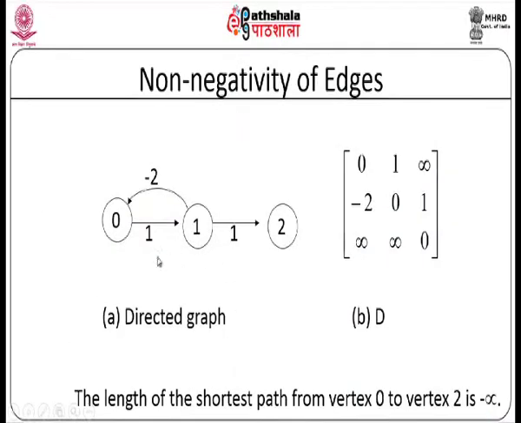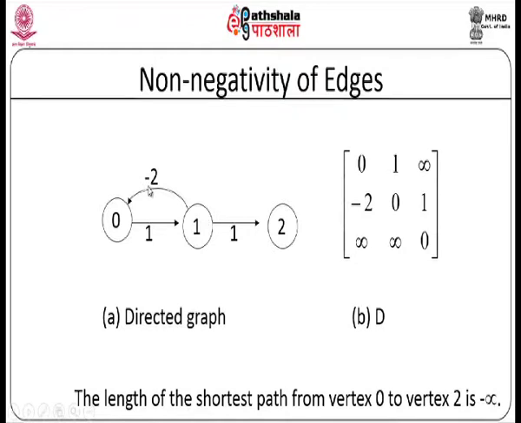Why? This is a small example of a graph where the negative edge, minus 2, is present. Say, if I want to go from 0 to 2, fine, I can go like this. So, 0 to 1 it is minus 2, then plus 1 it is minus 1, therefore this is more effective.